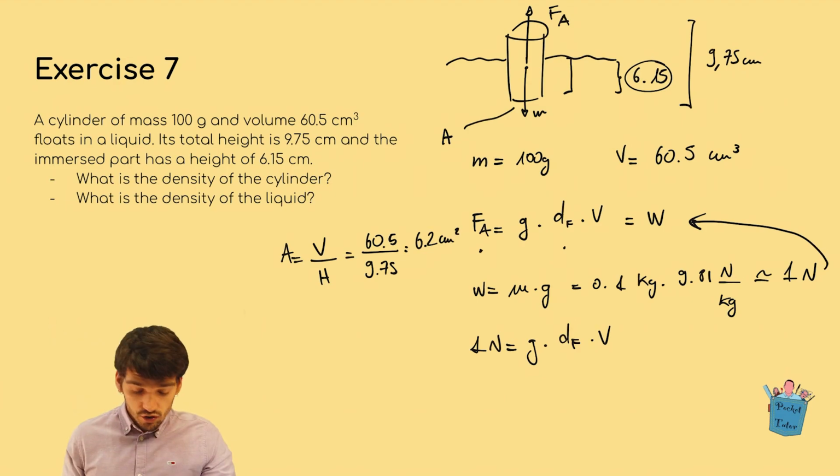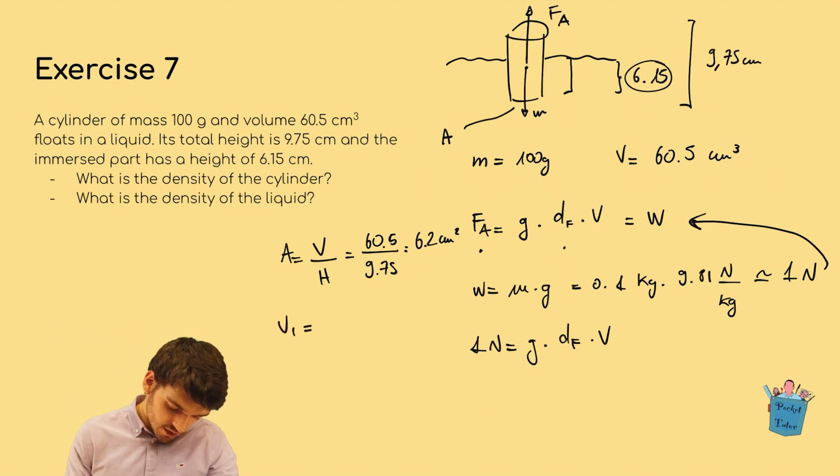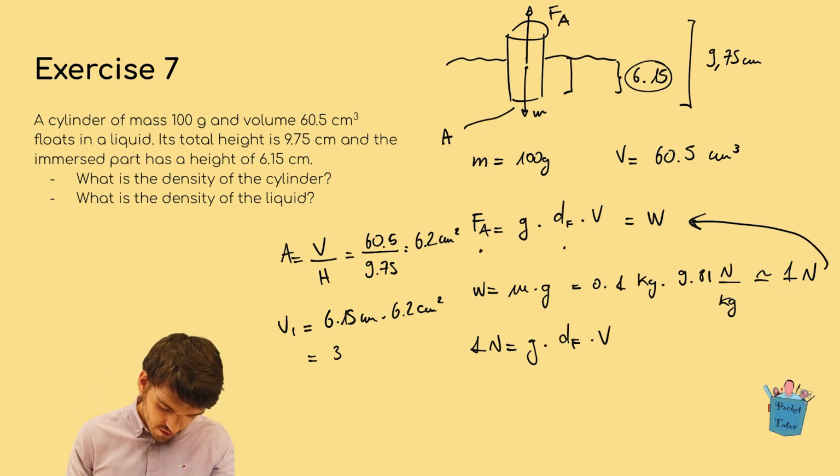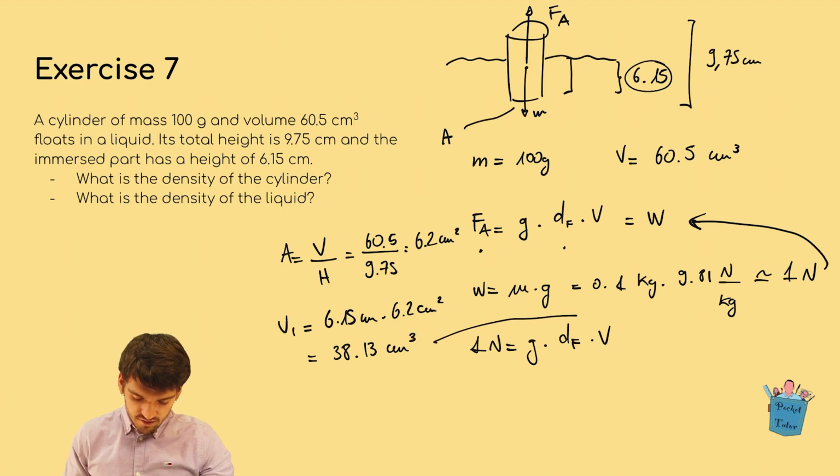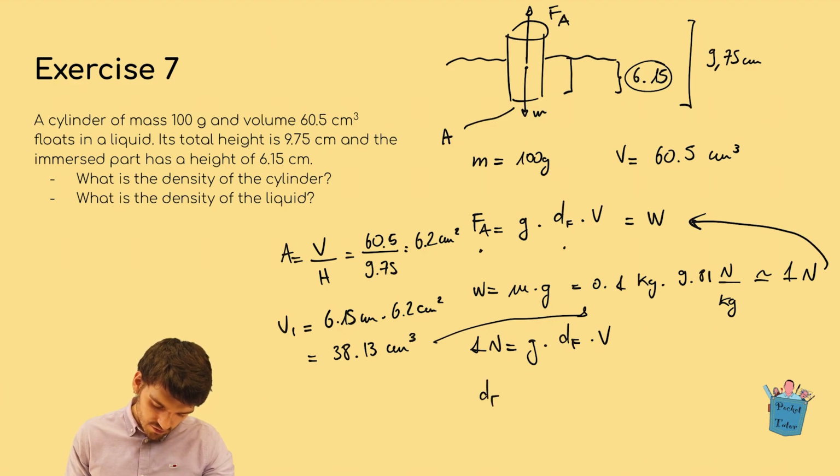Now the volume of the immersed part, VI, is just given by the height that is immersed, 6.15 centimeters, times the area, 6.2 square centimeters, which is equal to 38.13 cubic centimeters.